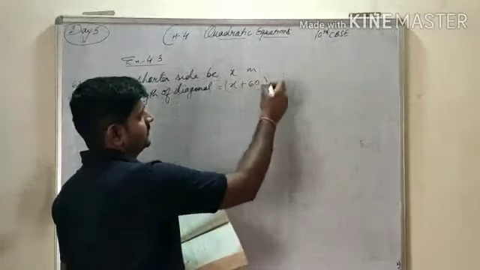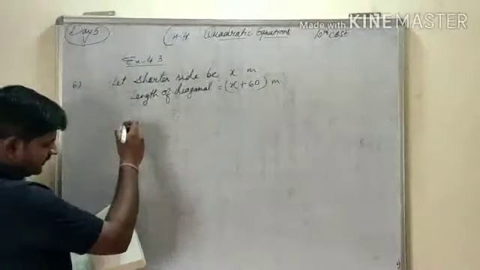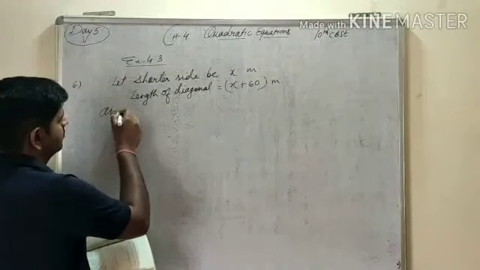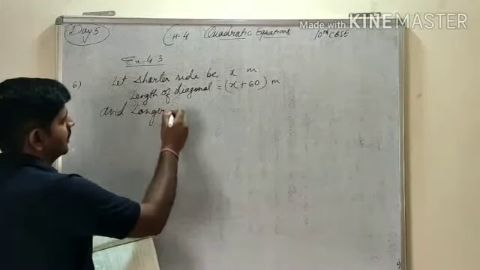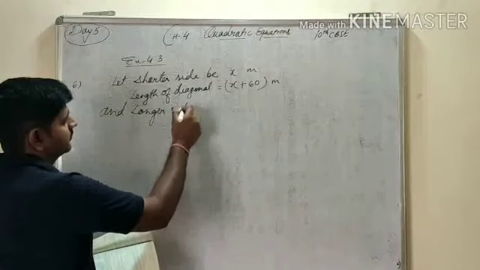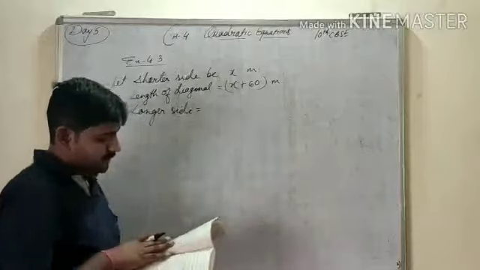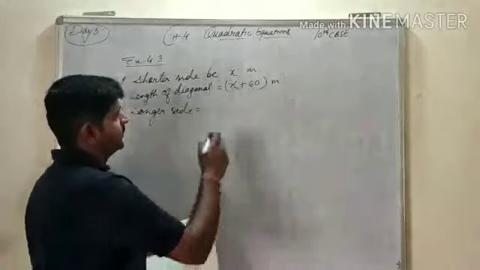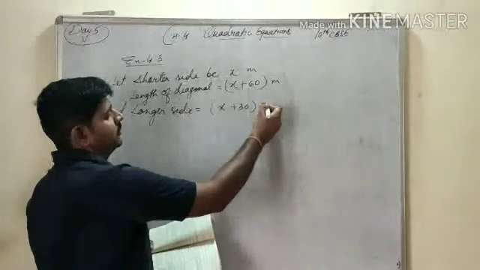So this is the diagonal, and the longer side will be, as given in this situation, 30 meter more than the shorter side. So the shorter side is x and the longer side is x plus 30.